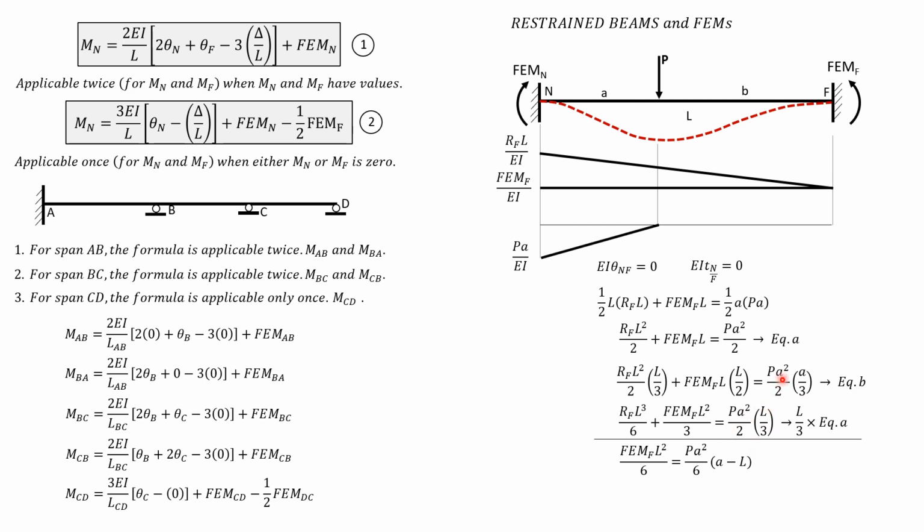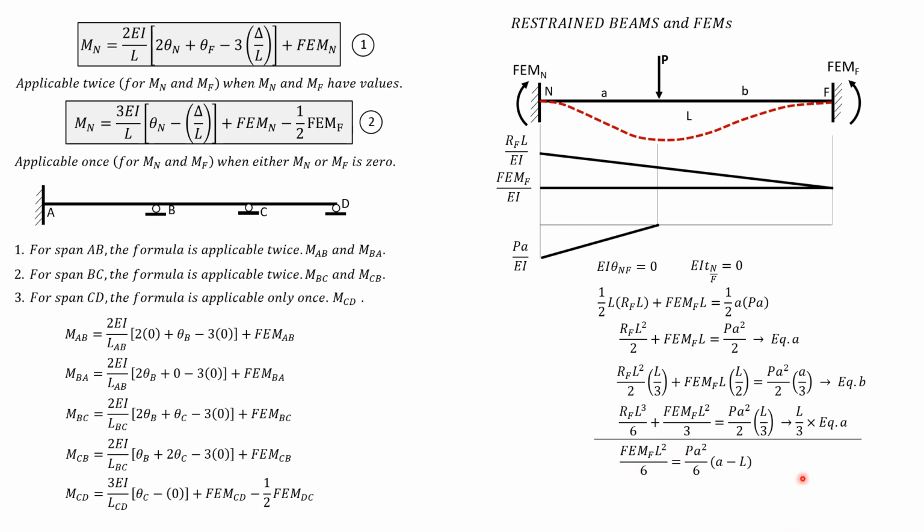The common term on the right side is PA squared over 6. We factor that out, so what remains here is A, then in the second term, minus L. Noting that A minus L is negative B because L is longer than A, this is negative B. Then we cancel out 6 and divide everything by L squared.